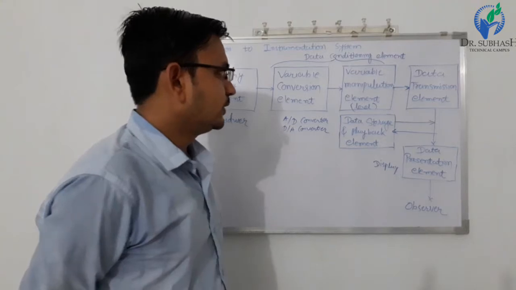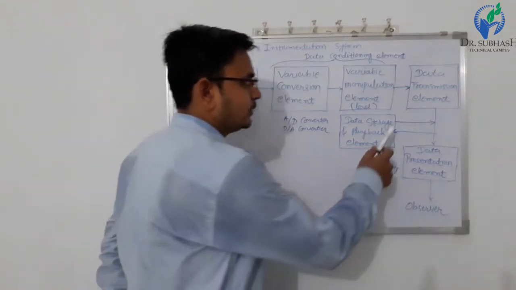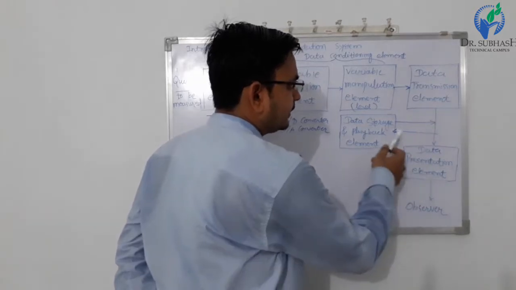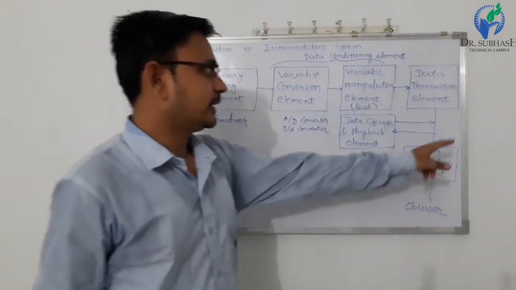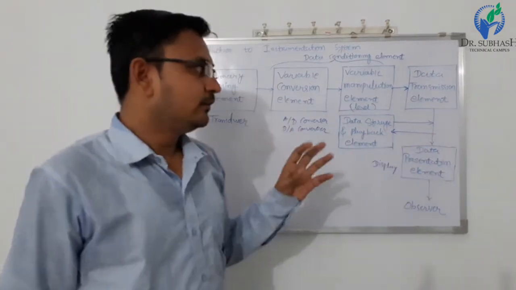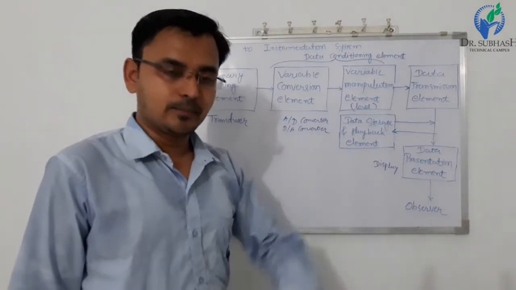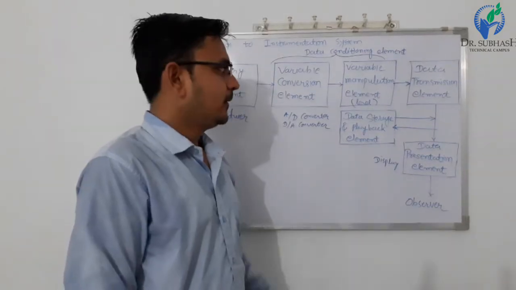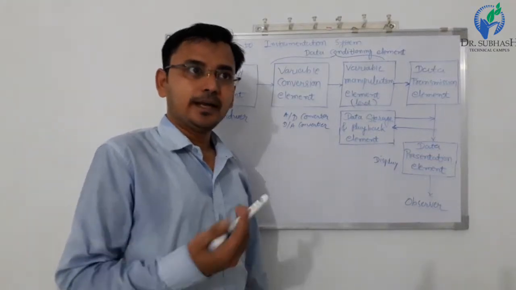So what is the need of data storage? We can see two arrows here. It means it is not just that data is only stored. We can use stored data also for measurement or feedback purposes. Data storage is required in, for example, an energy meter.